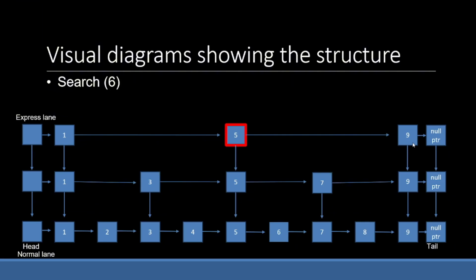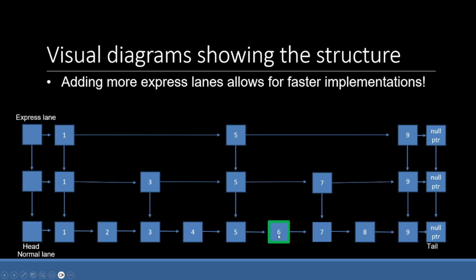Since 9 is greater than 6, we go down. We go down, and we compare with 7. Since 7 is greater than 6, we go down again. Then we compare with 6 over here, and since 6 is the same as what we're searching for, we find it. More express lanes allow faster search, and this is how the search operation has an average time complexity of O(log n).